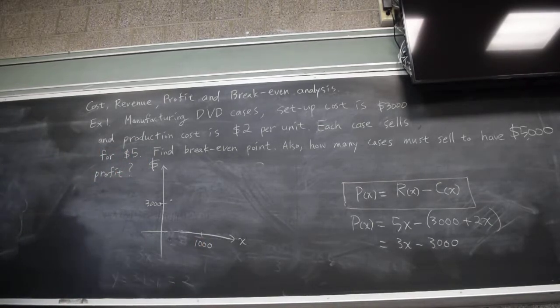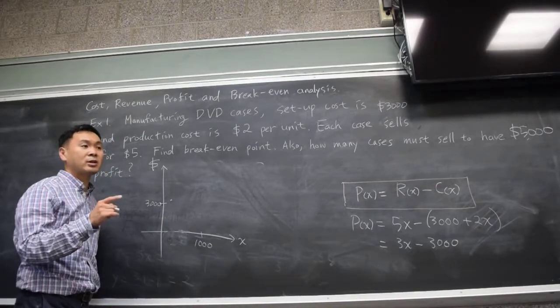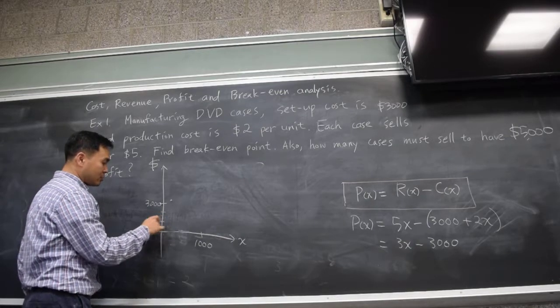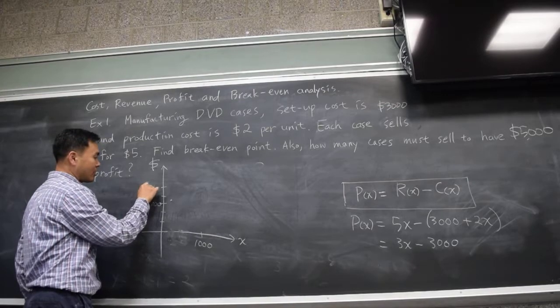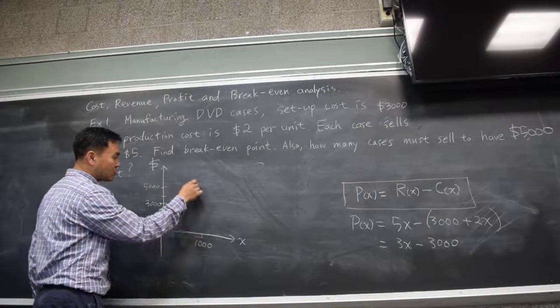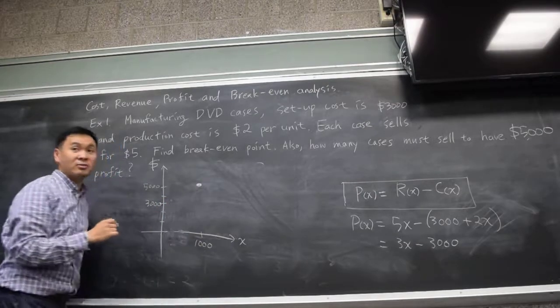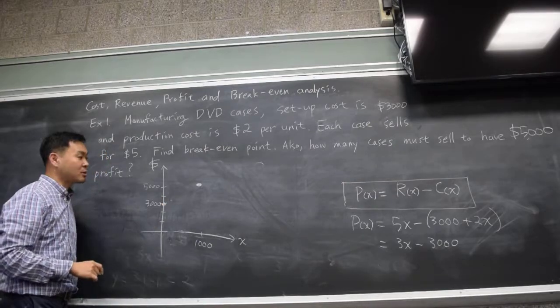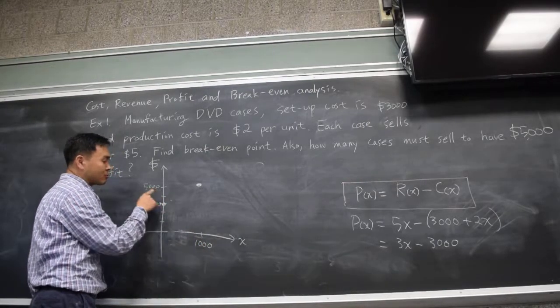What's the cost when you make 1,000? 1,000 times 2 is 2,000. 2,000 plus 3,000 is 5,000, right? So if I say this is 3,000, then 5,000 is about here. So 1,000 comma 5,000 is the point that the cost function should hit. So the cost function begins at 3,000 and passes through 1,000 comma 5,000.